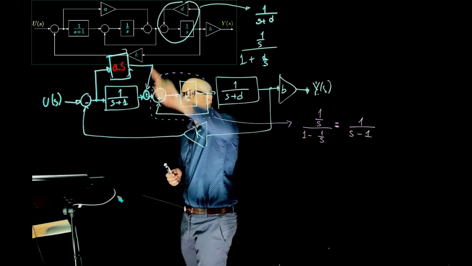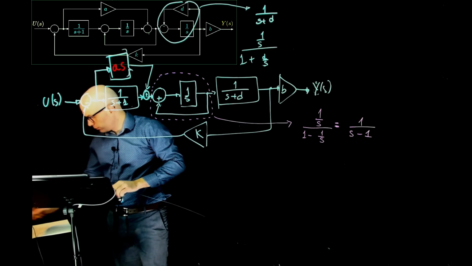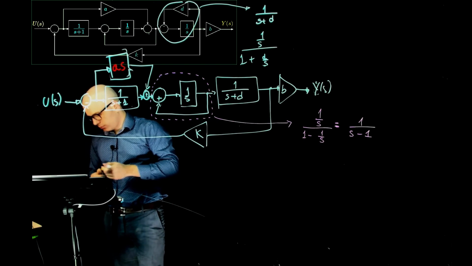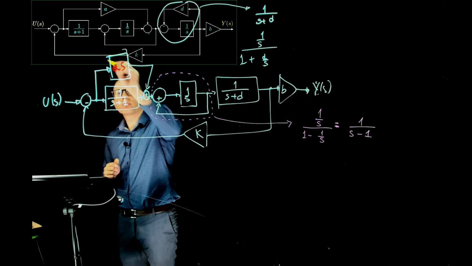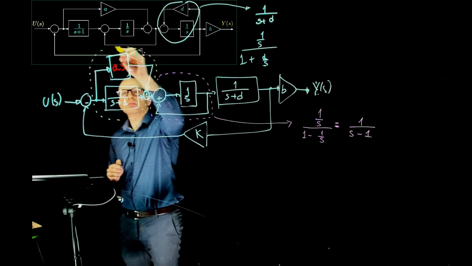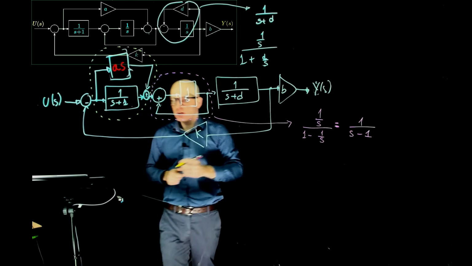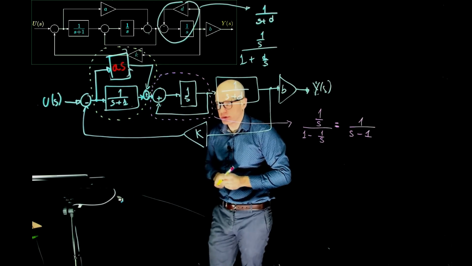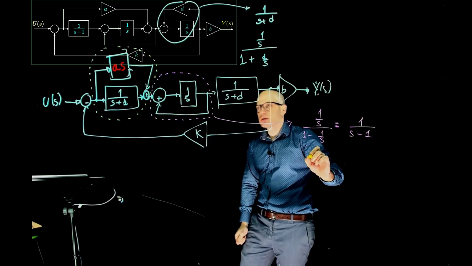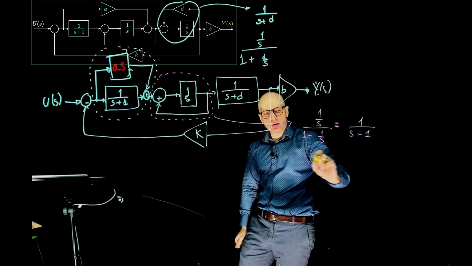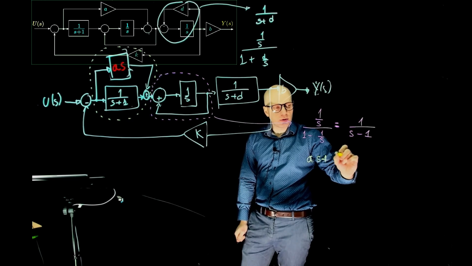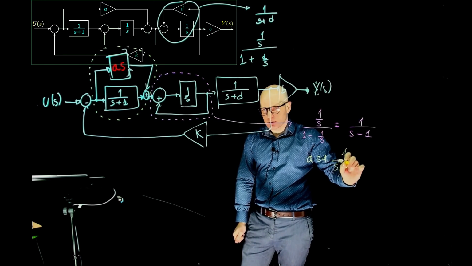What about this guy here? This whole thing here. Is this a feedback? Is this a feed forward? Feed forward. So it's just the A S plus 1 over s plus 1. A S plus 1 over s plus 1.